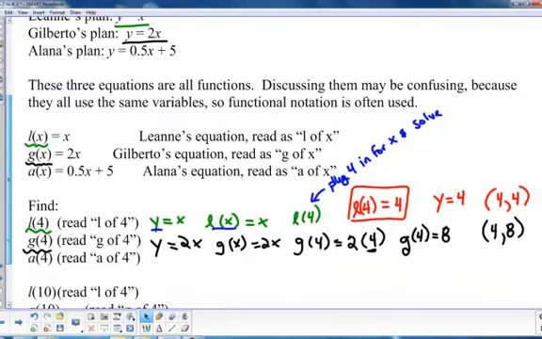And if you look at Elena's plan, 1/2 x plus 5 equals y. Elena, a of x, equals 1/2 x plus 5. So again, same thing. Y equals 1/2 x plus 5. I think I said 0.5 a minute ago.